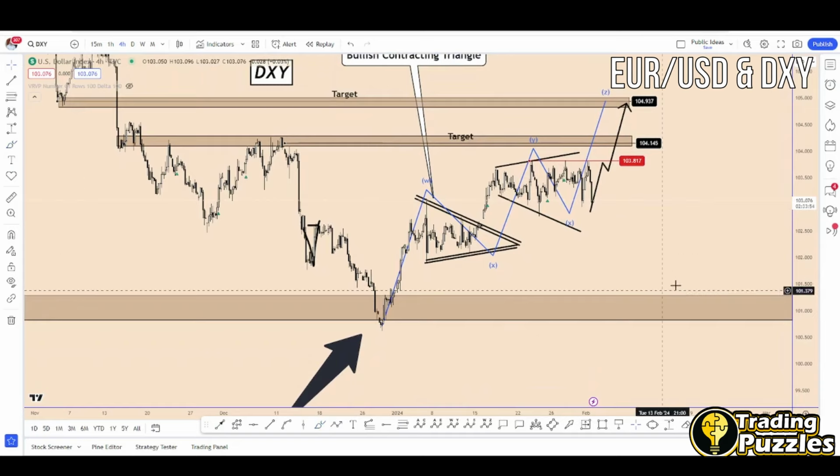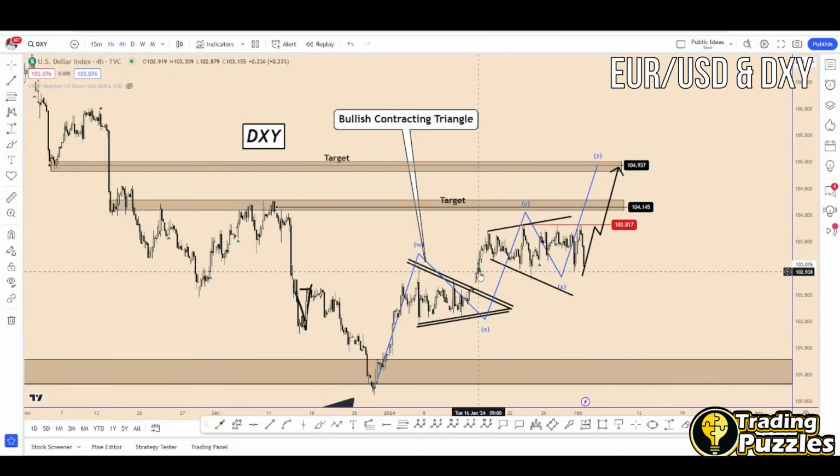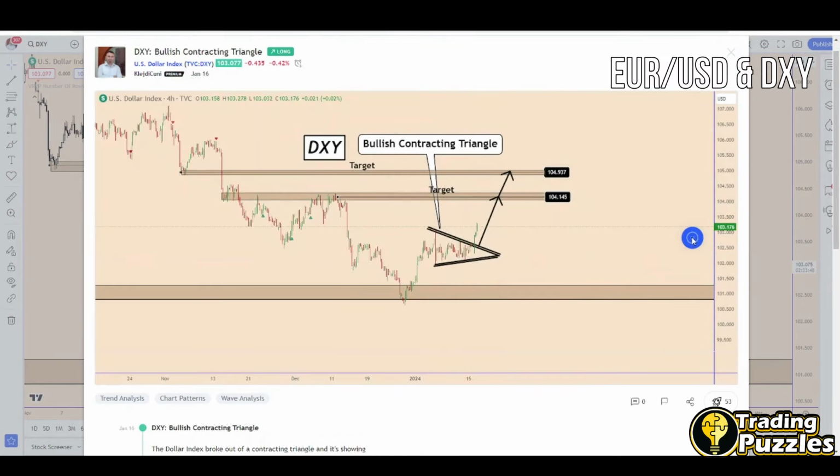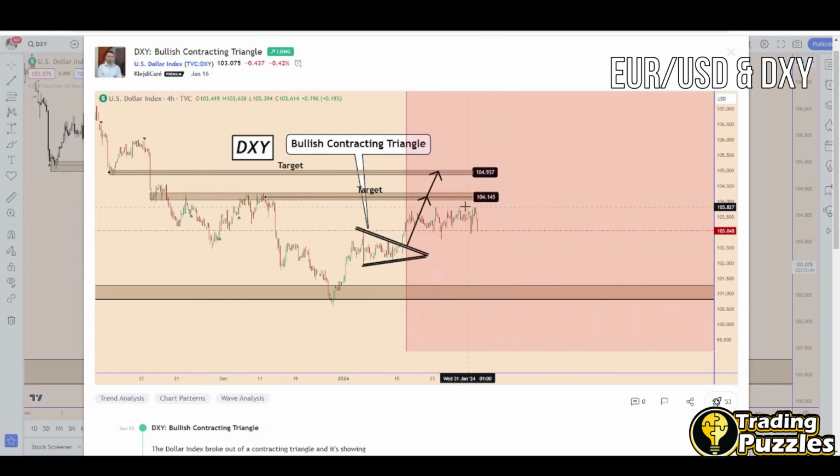I have shared this analysis when it was at this point here, when the price broke out from a triangle pattern, and you can see that the price keeps rising and it is close to the structure area.